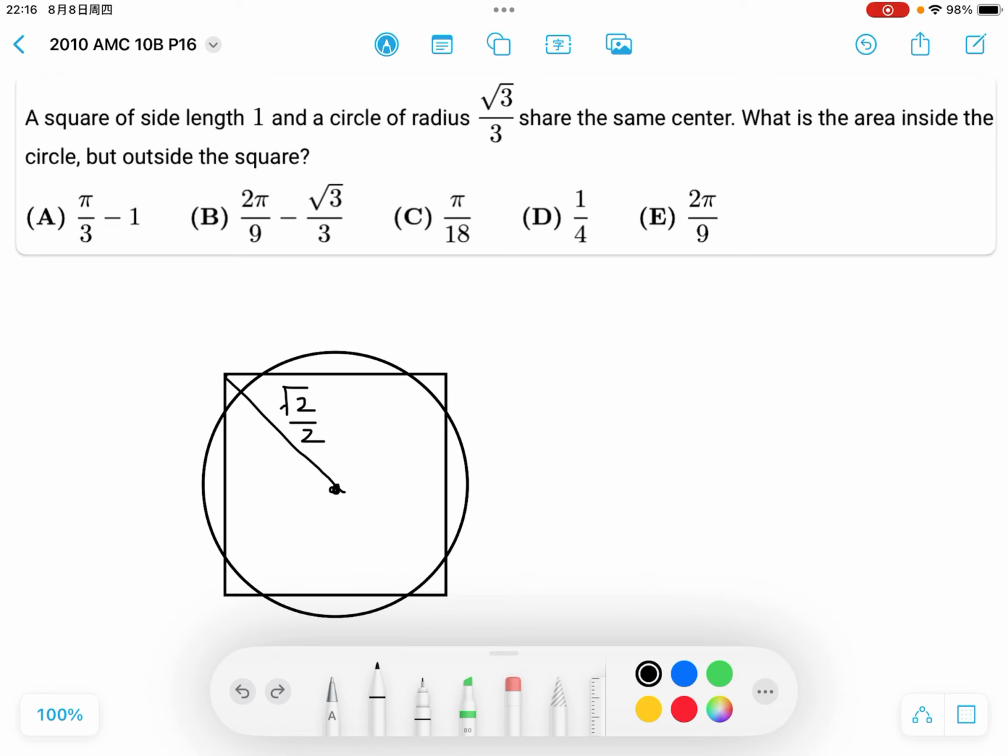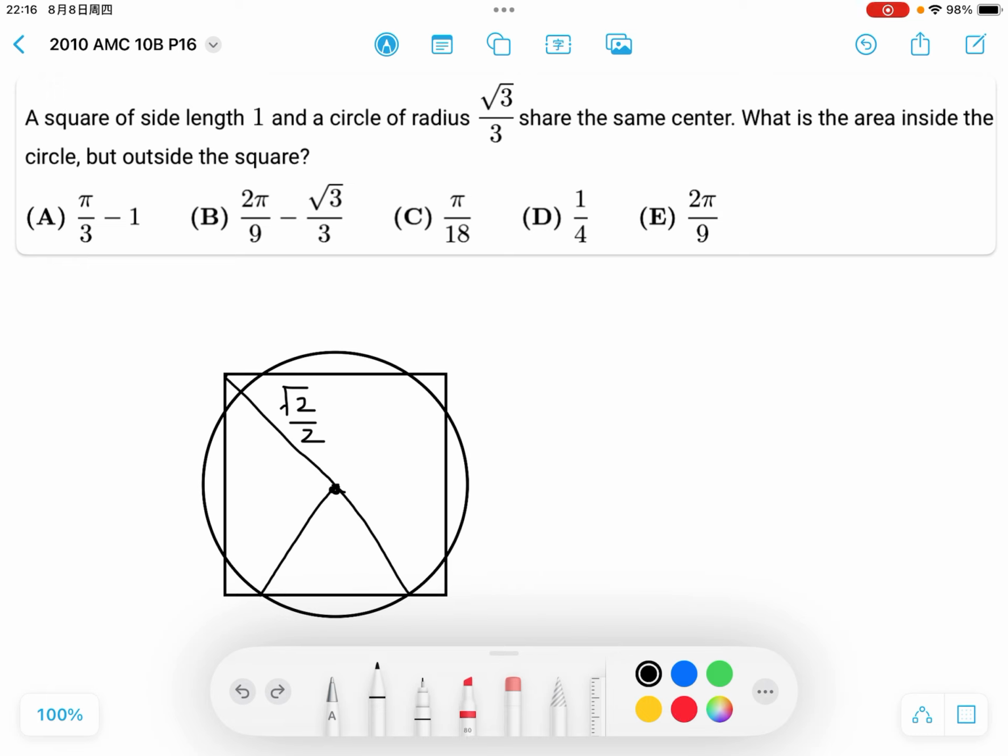We connect the center to where the circle and the side of the square are tangent, or you can say intersect. So we have a triangle, and we also have an arc. Let me draw this. We want to find the area of the arc, and also subtract it from the area of the triangle.